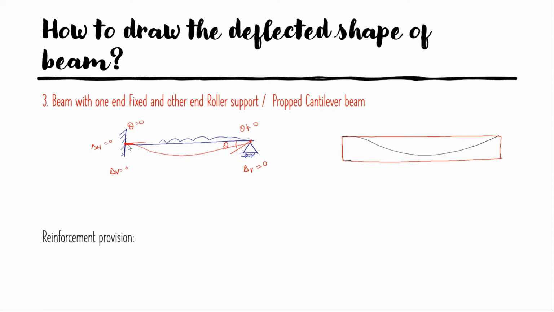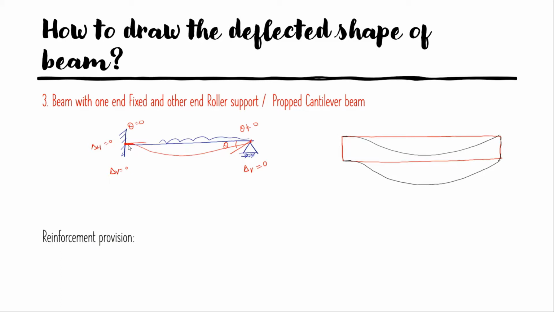Slope should be 0, deflection should be 0, and it is like this. So here slope is possible.